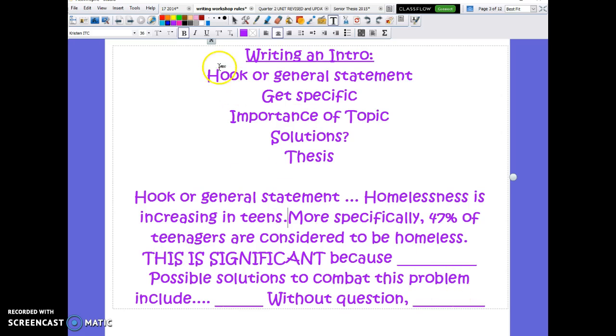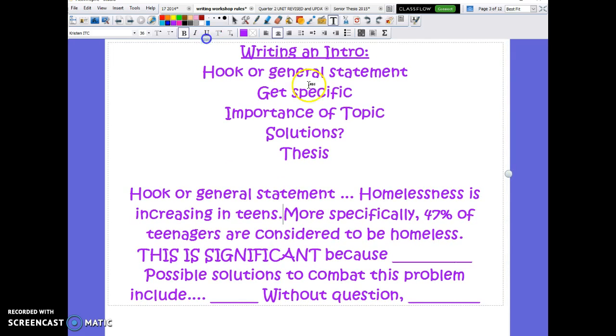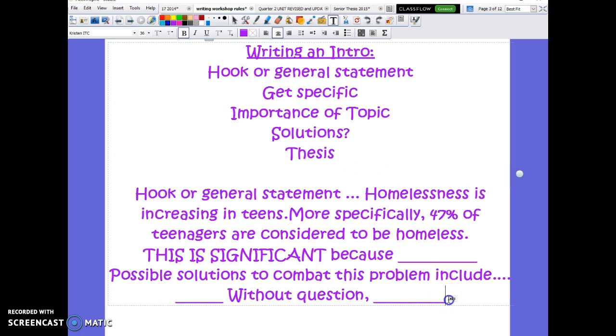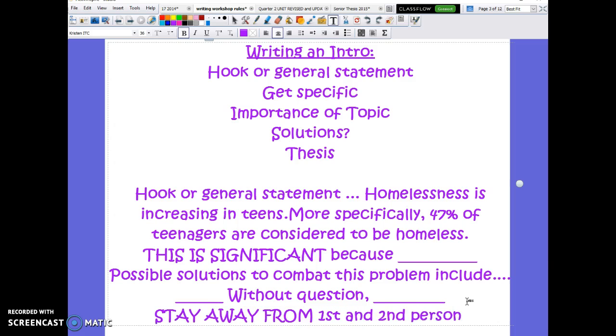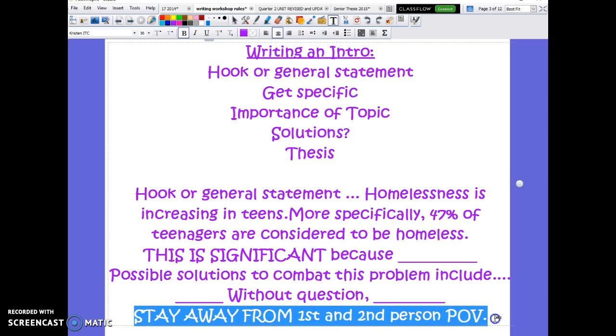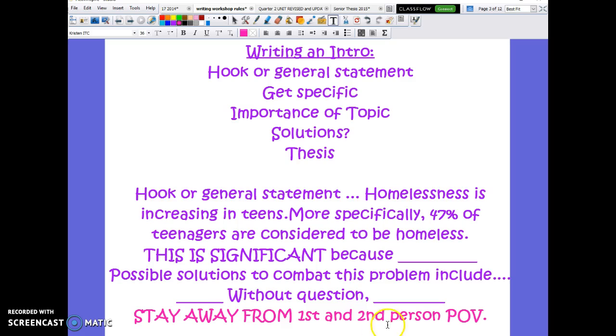Okay, the only other thing that I want to assert about intros is stay away from first and second person point of view. So first person point of view is I, me, my. Second person point of view is you. So we want to look at it generally as an objective third person point of view introduction.